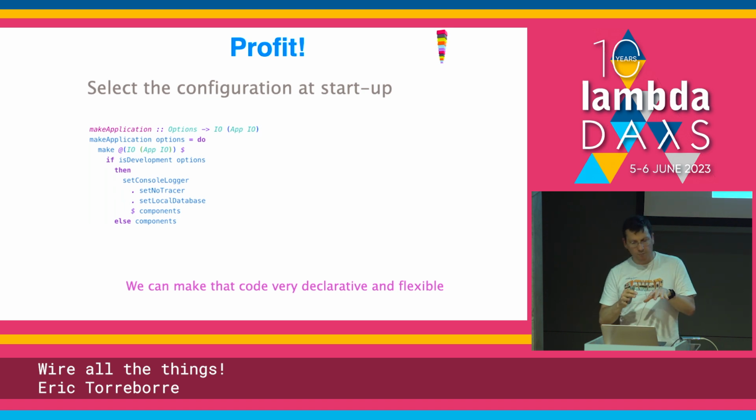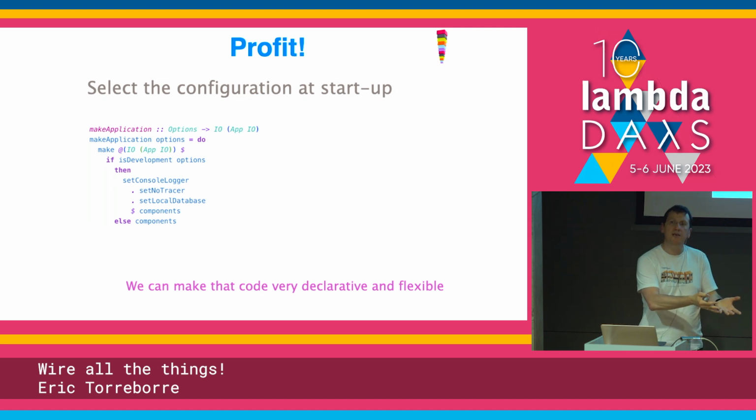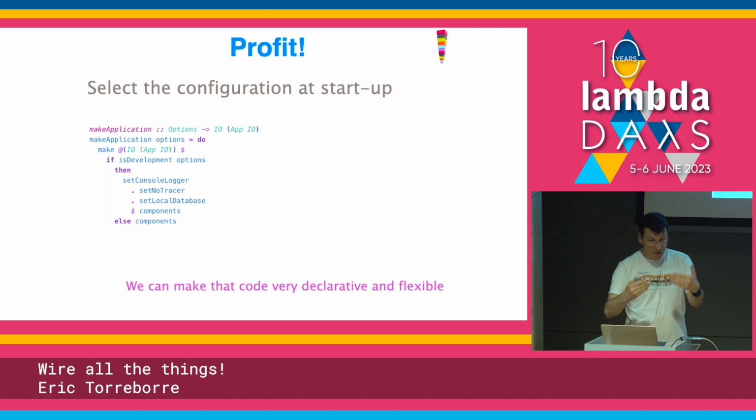But if I'm using some local development, I don't want to be too far from production, but I don't need to do any tracing, for example, or any logging. Or I want to use my local database. I don't need to go to the cloud. And you can just specify this as a bunch of functions that are composed together, describing how you want things to be slightly wired differently.